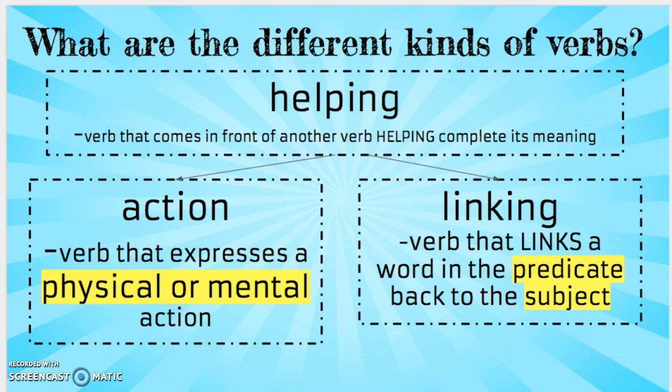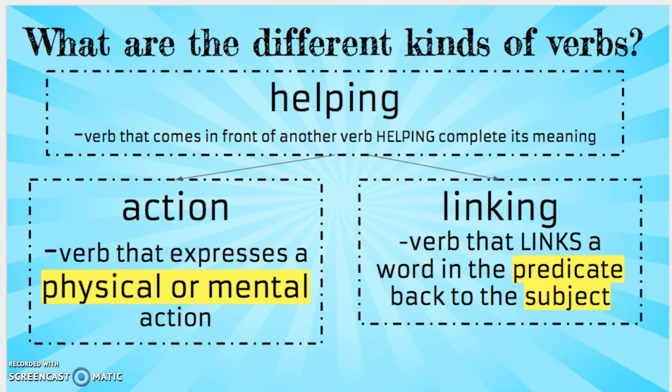So they kind of stick with either the action or the linking. Helping is not going to be on its own. It's always going to be tagging along with another one. So your helping verb is a verb that comes in front of another verb, helping to complete its meaning. Oftentimes you see these in past tenses, I've come to find, or even present tenses like will do or something like that.